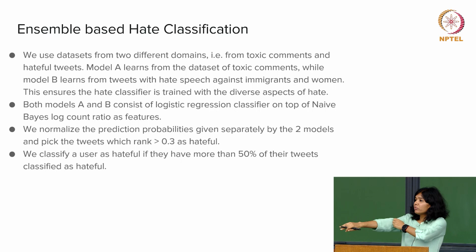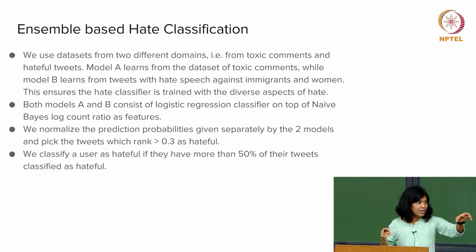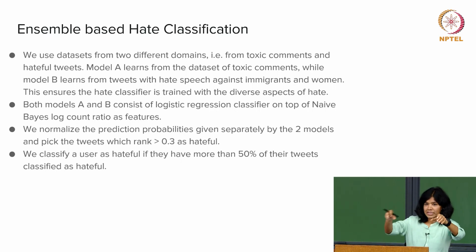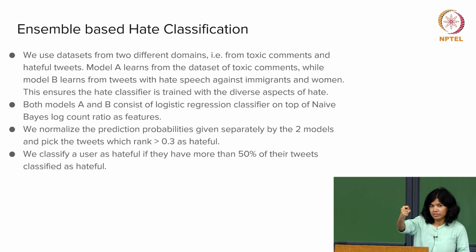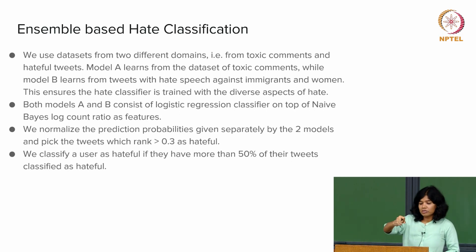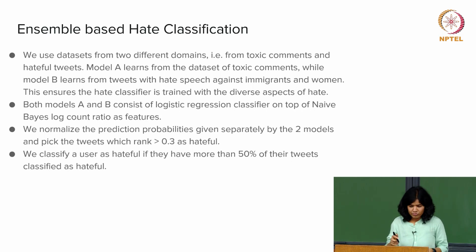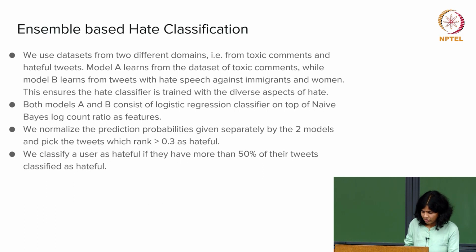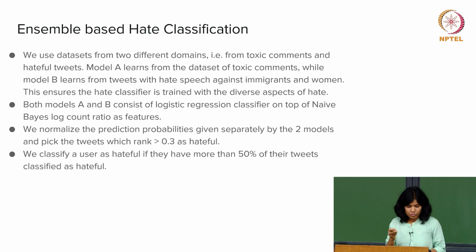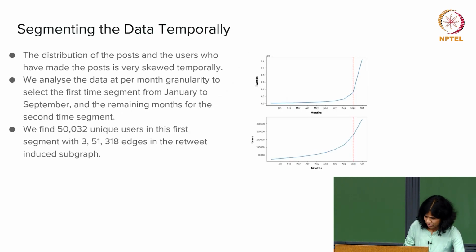If classifier A says this is hateful and B also says this is hateful, then you have more confidence. Otherwise we could have directly trained on the whole data. So we train two different classifiers, and then using those two classifiers we get a majority score, and we label this data.